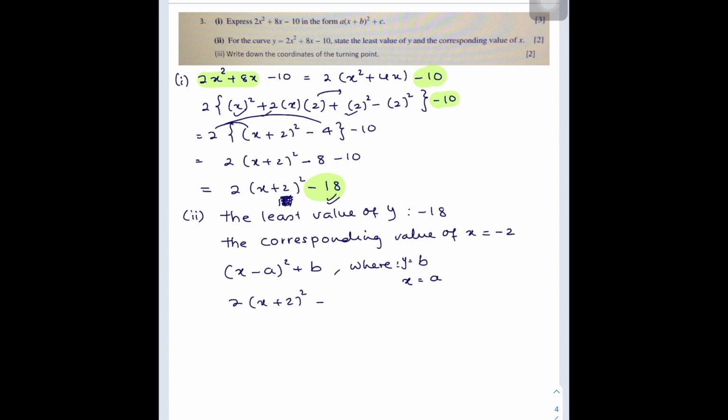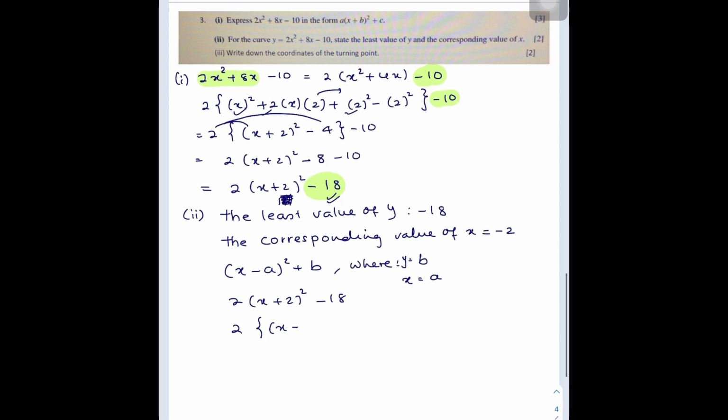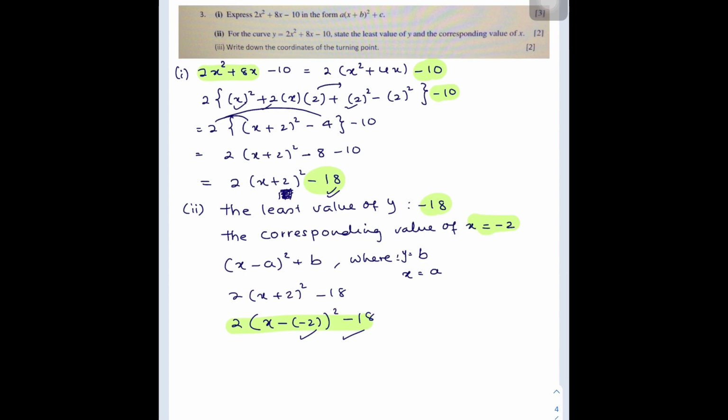So that means 2 times x plus 2 squared minus 18 should be changed into x minus -2 squared minus 18. That's why -2 and -18. No need to write all that, it's just for understanding. So you should understand why -2 and -18.